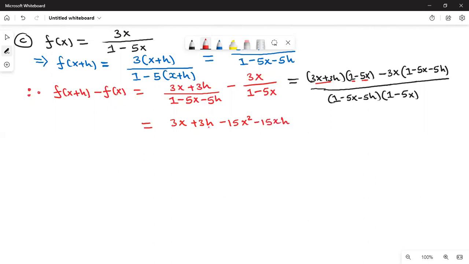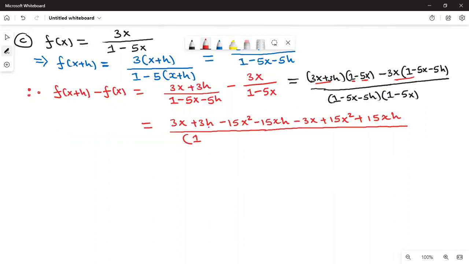That's what you get. Then again, open this other bracket here. That will give us negative 3x plus 15x squared plus 15xh. That is the numerator.